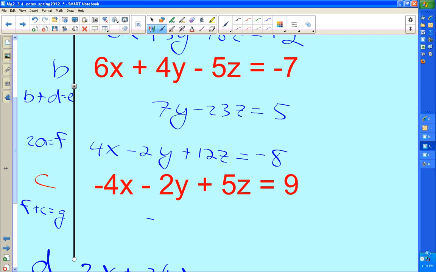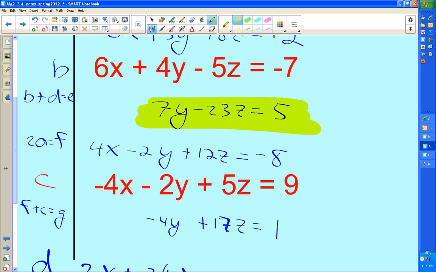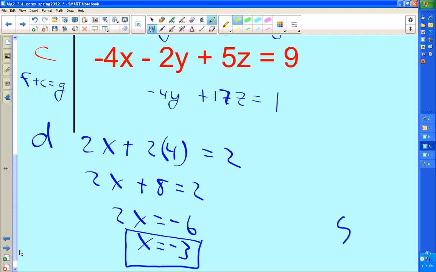I get -4y, I get 17z, and 1. So here's one equation right here that has just y's and z's. Here's another equation right here that has just y's and z's.